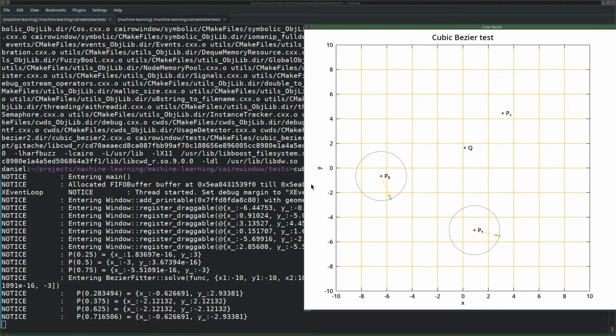Why not? These are clearly all points on the circle with a radius of 3, which would perfectly fit here. This circle here. And we don't get anything. Why?